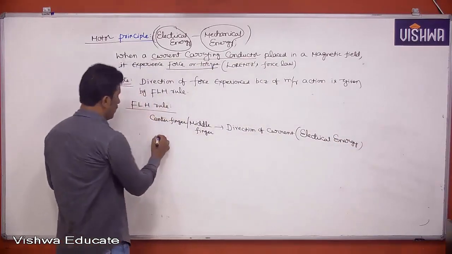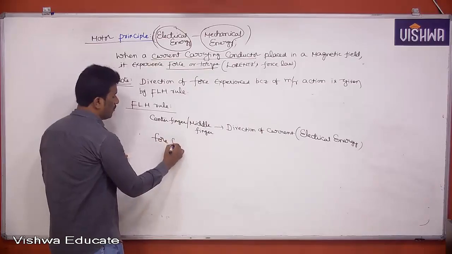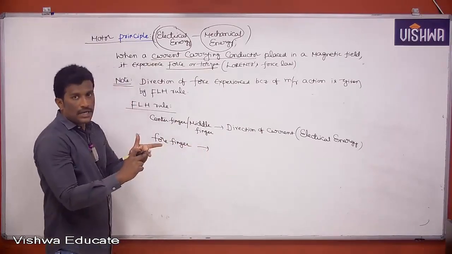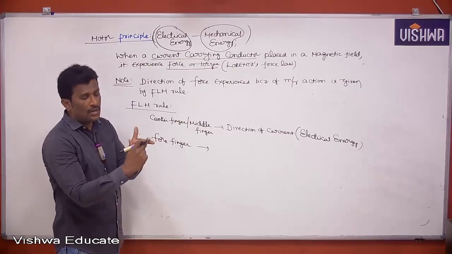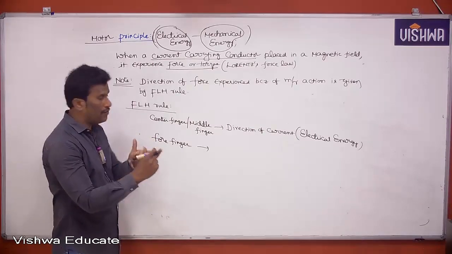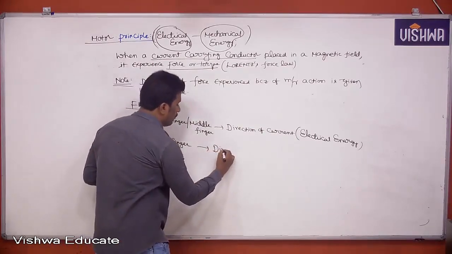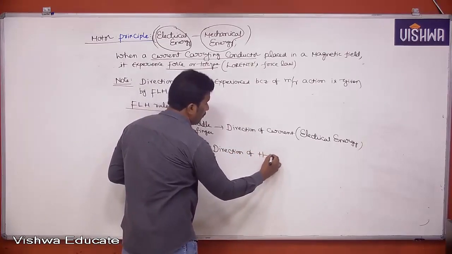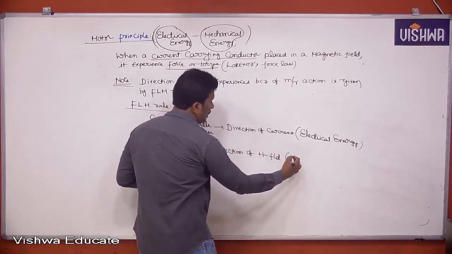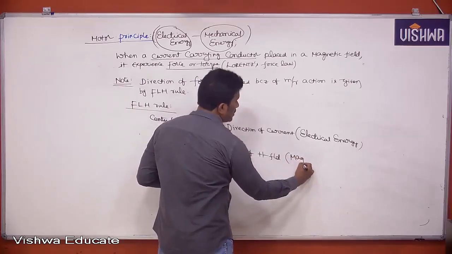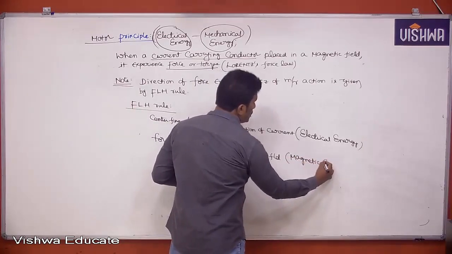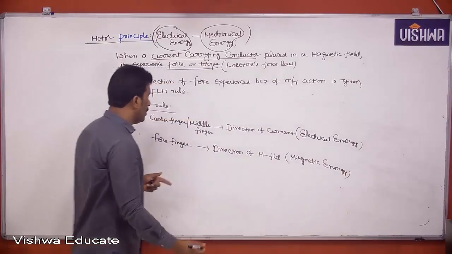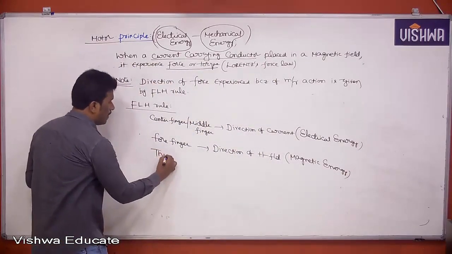Now the forefinger indicates, when a current carrying conductor is placed in a magnetic field, the direction of magnetic field, that is, the forefinger indicates magnetic energy. And what about the thumb?